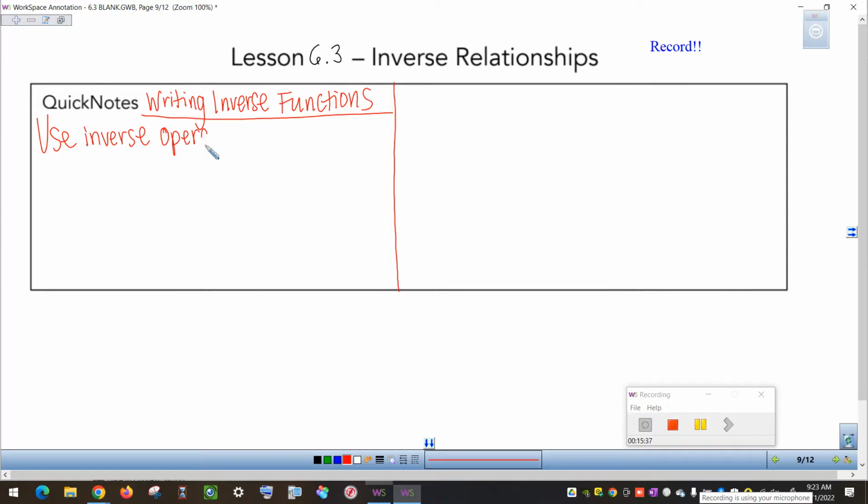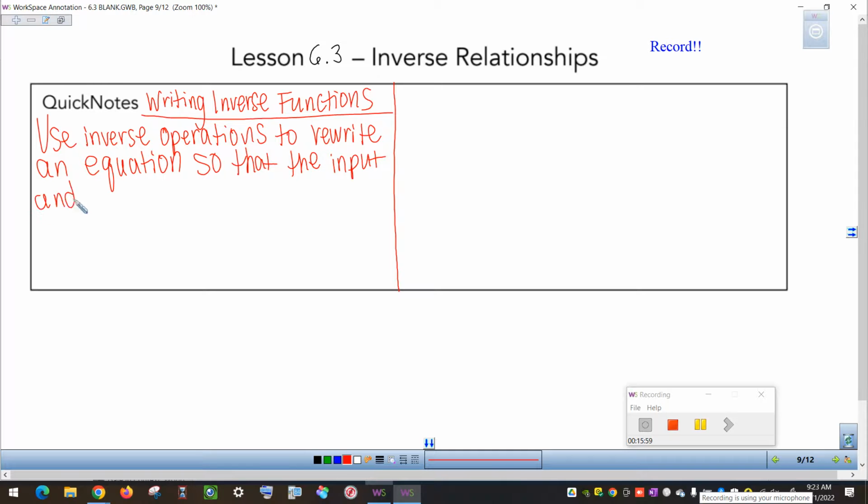We can use inverse operations to rewrite an equation so that the input and output variables switch.